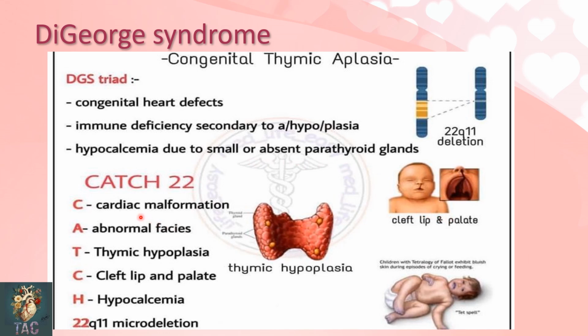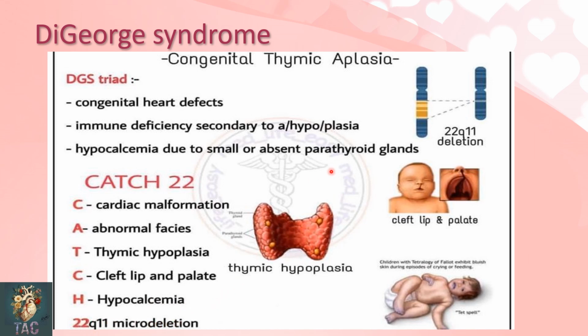So the baby has CATCH 22 with the chromosome number, and CATCH stands for cardiac malformation, abnormal facies, thymic hypoplasia, cleft lip and palate, hypocalcemia, and 22q11 microdeletions.